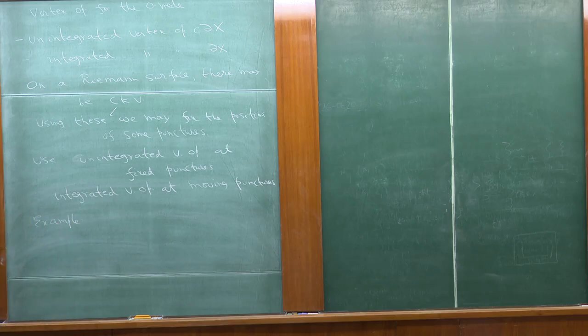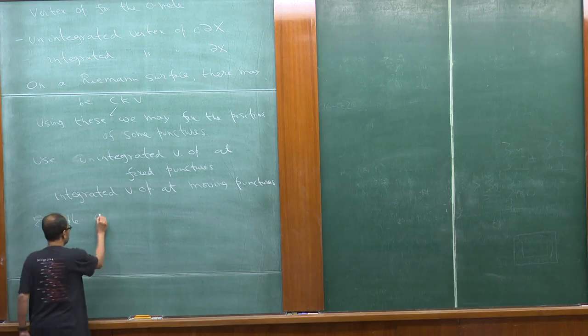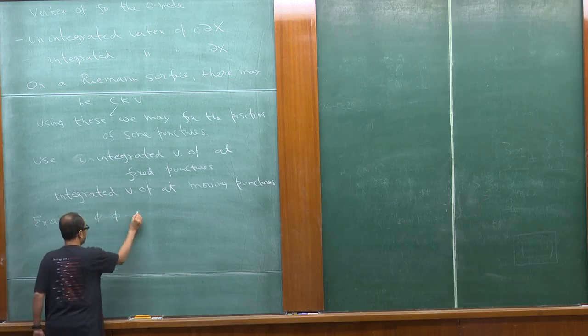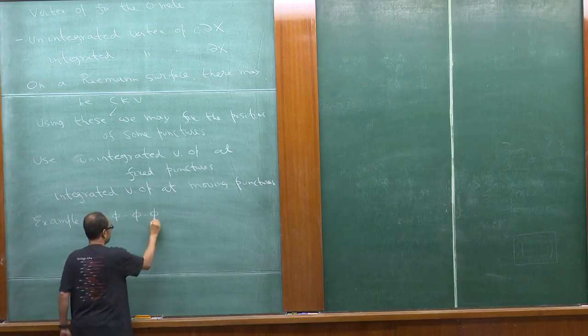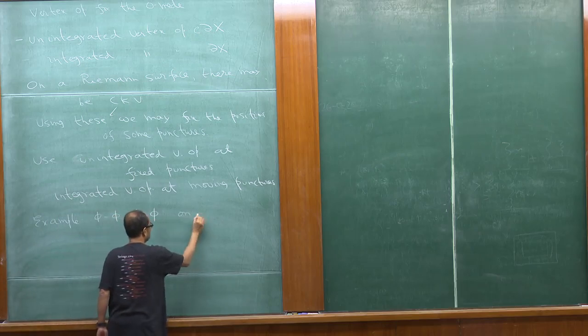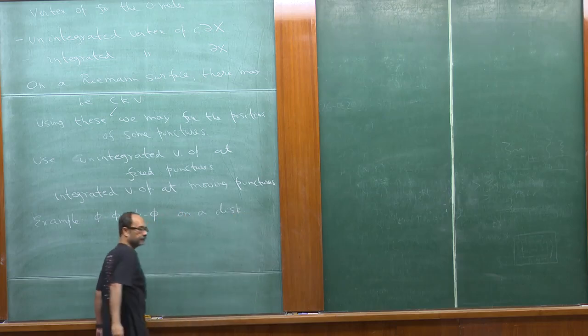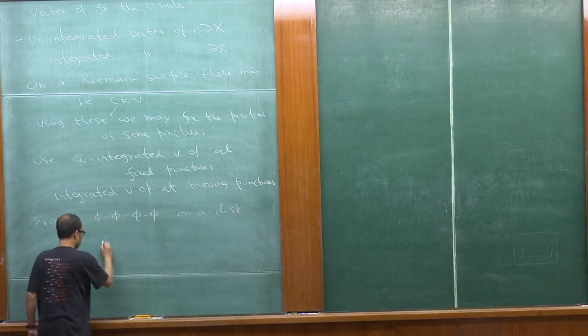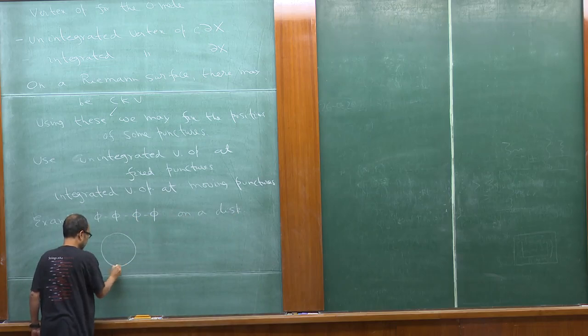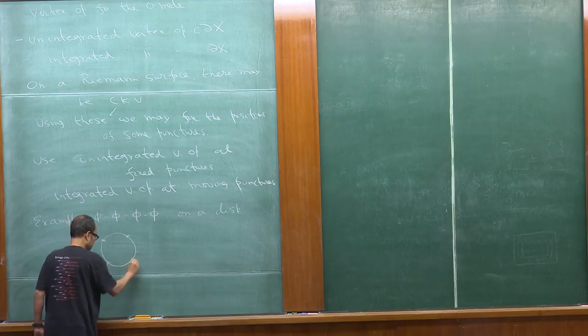We denote the 0 mode by phi, and you want to compute, say, the phi amplitude on the disk. So this corresponds to taking a disk and inserting 4 of these vortex operators for phi.